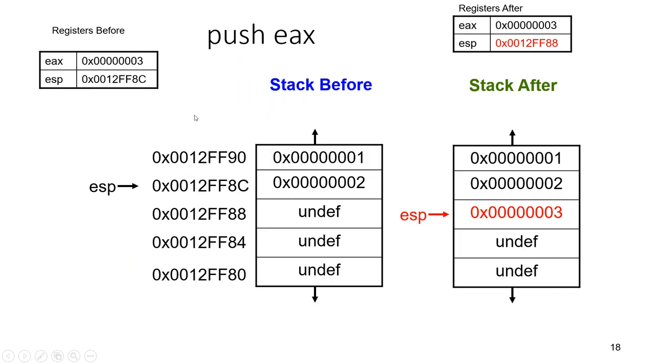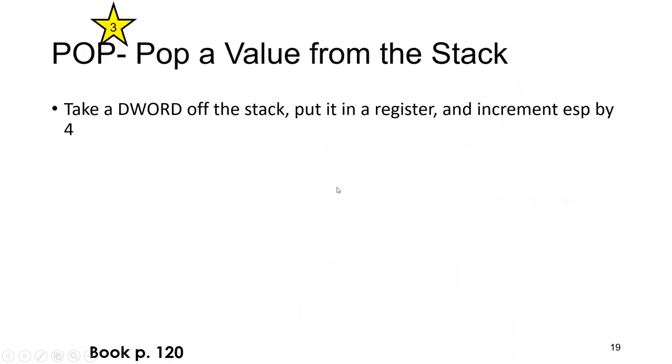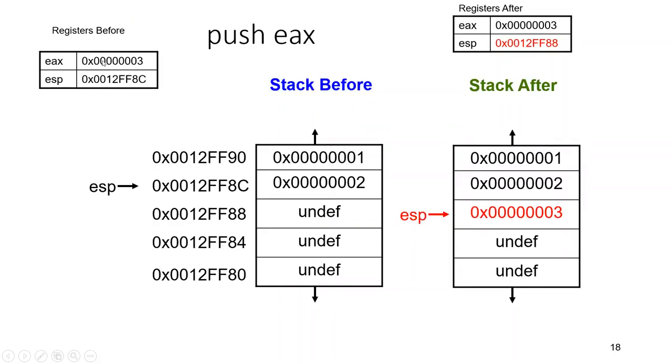Okay, just concentrate here. Our stack is here before. ESP points to the top of the stack, this address has this value, and I have EAX. I want to push EAX, so I want to push this 3 onto the stack.